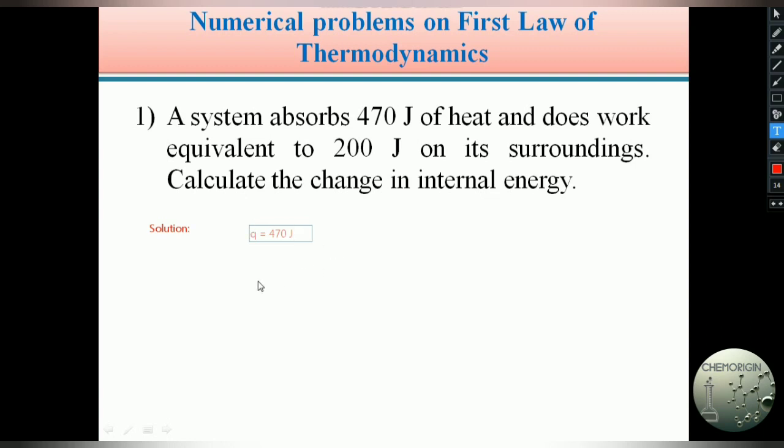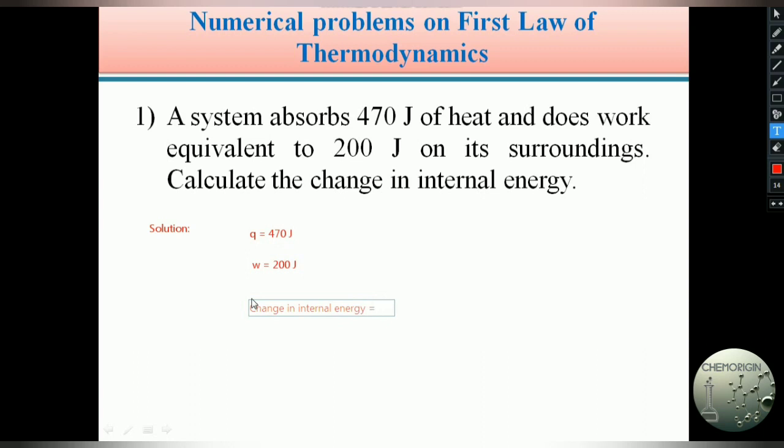Next, it does work equivalent to 200 joules. Therefore, given W equals 200 joules. And the question is: what is the change in internal energy?